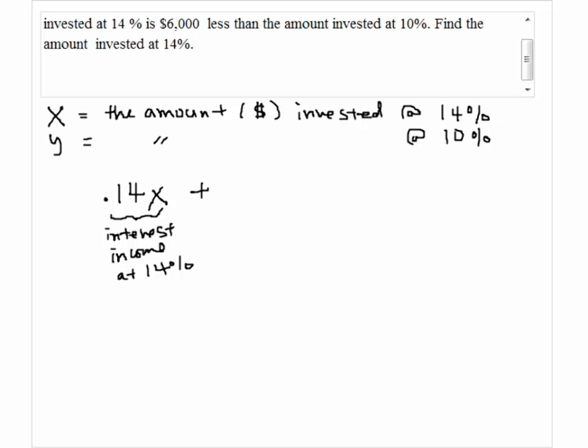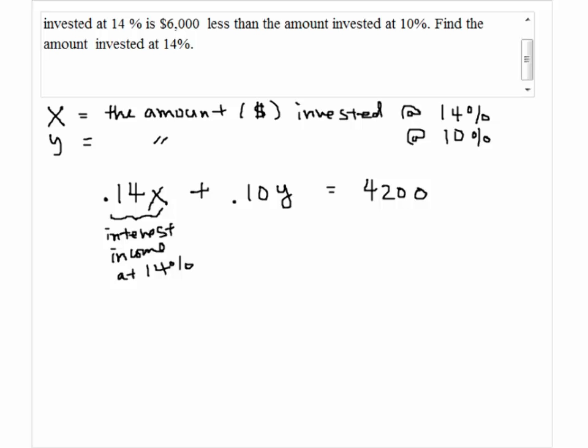We add the income to the interest income at 10%, which is given by 0.10 times Y. And the total interest income is $4,200. So here's our first equation.